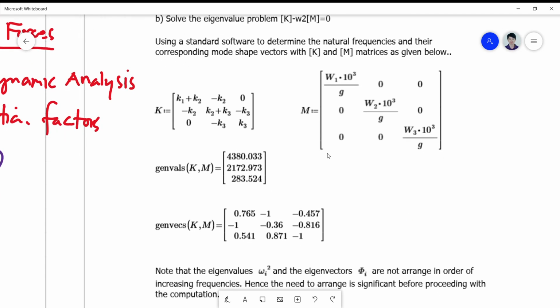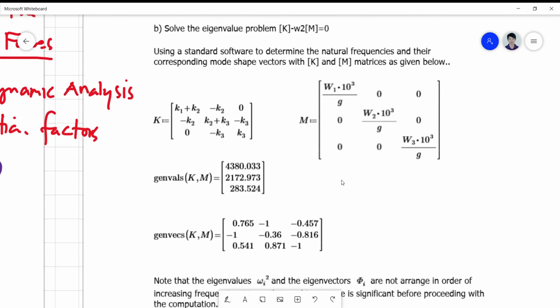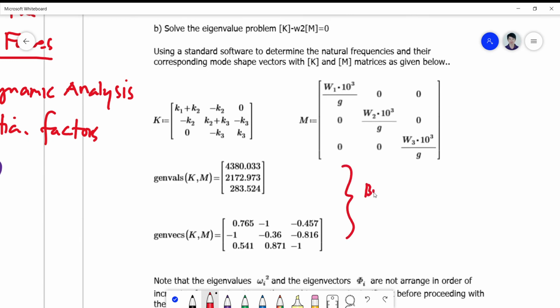So these are the two formulas, or built-in functions, in MathCAD that you can use to solve for your eigenvalues and your eigenvectors.